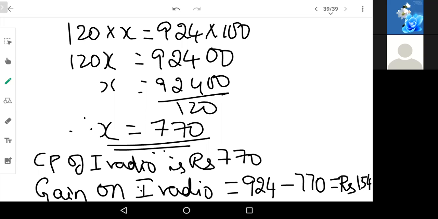So after understanding the cost price and the selling price, we found out the gain or profit in rupees for the first radio. Understood the first radio? Any doubts in the calculation of the first radio?